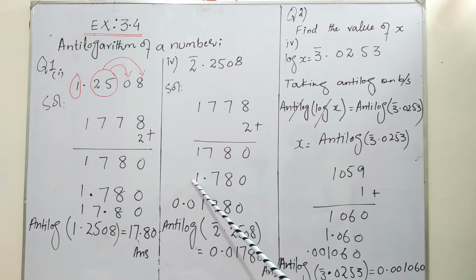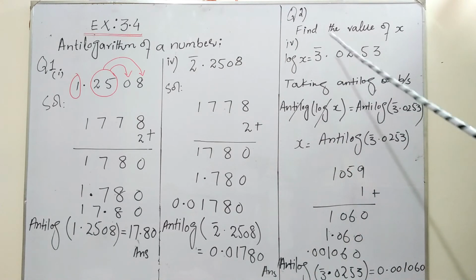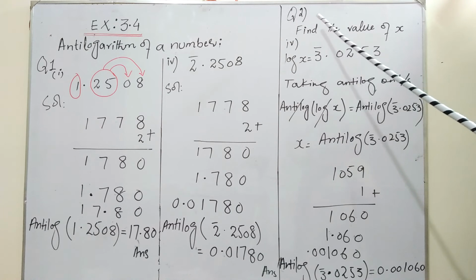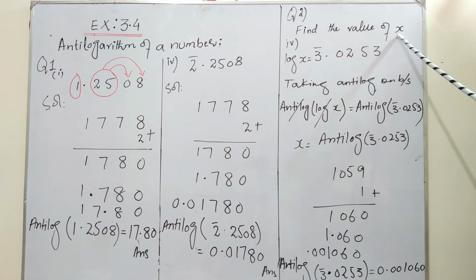As only one digit is present, place a 0 and put your decimal point before that 0. It becomes 0.01780. So anti-logarithm of minus 2.2508 is 0.01780.